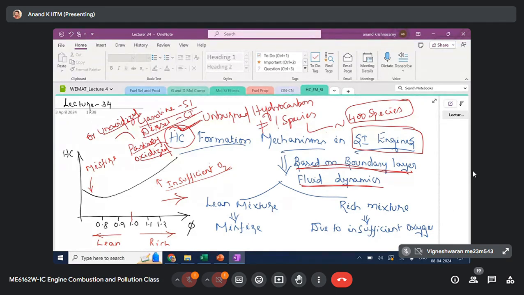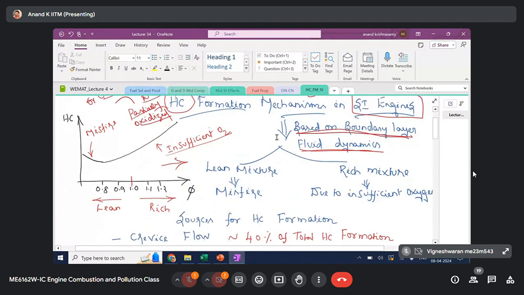That is the reason why the hydrocarbon species are complex, because the fuel itself is a complex mixture. Out of this total mixture, some of them are partially oxidized or unoxidized. That is what is leading to HC formation. We refer to that as an unburnt emission from IC engines. Okay, so in SI engine, we have already discussed about this plot.